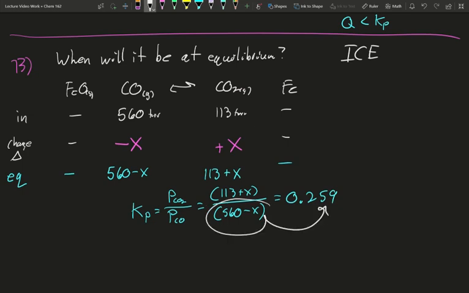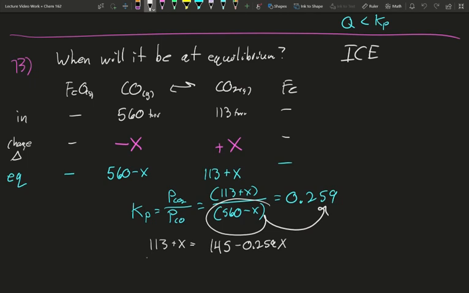Let's multiply that up. 113 plus X must equal 560 times 0.259, or 145, negative X times 0.259, so minus 0.259X. We still don't know what X is yet, but we do know that the change on top and bottom by X must bring it to our equilibrium constant, which was 0.259.